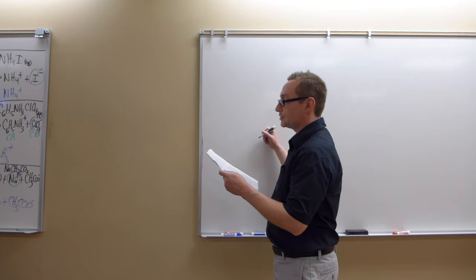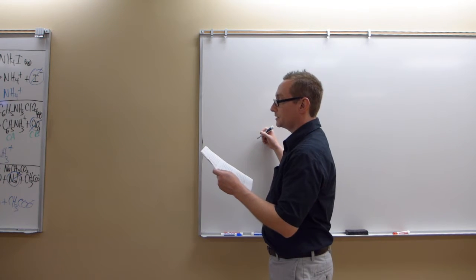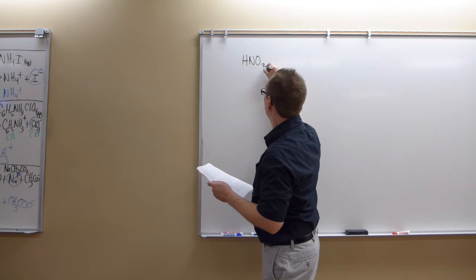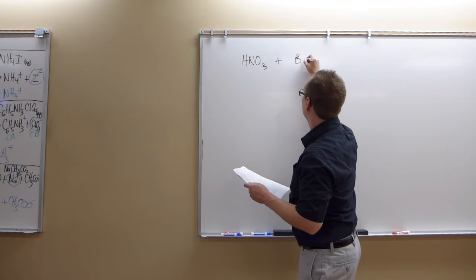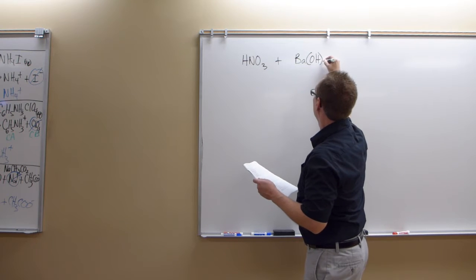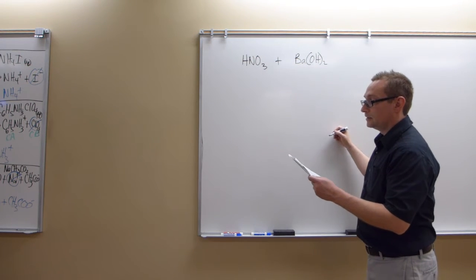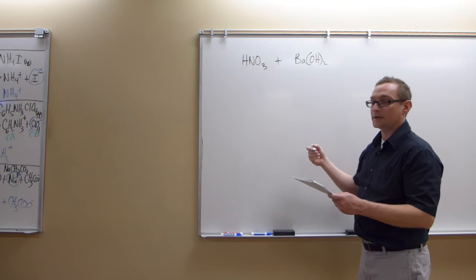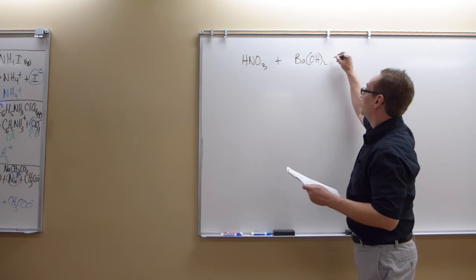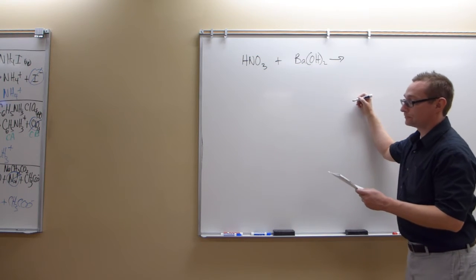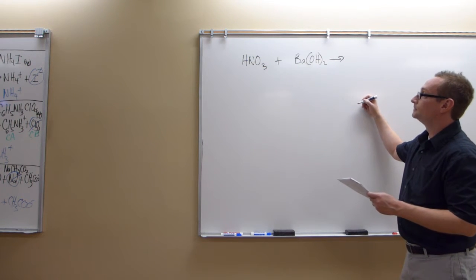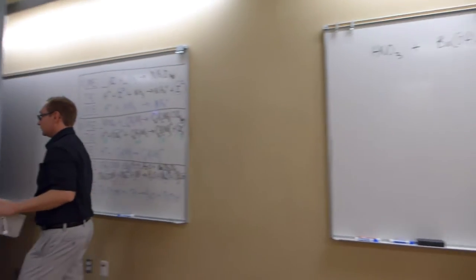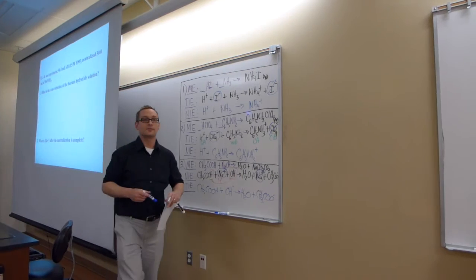So for the molecular equation, we have nitric acid, HNO3, and we've got barium hydroxide. Now, it might not give you the formulas, and this probably gave you the formulas, but you might have to write the formulas from nomenclature, right? What are the products going to be? If you have hydroxide for a base, what are you going to form?